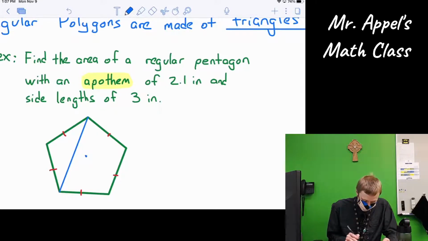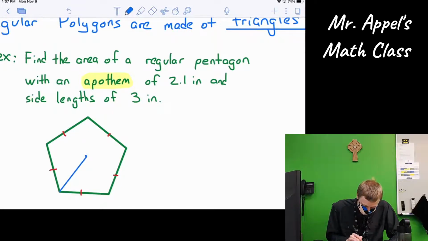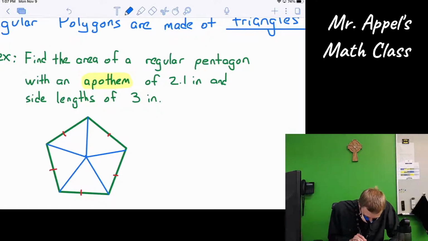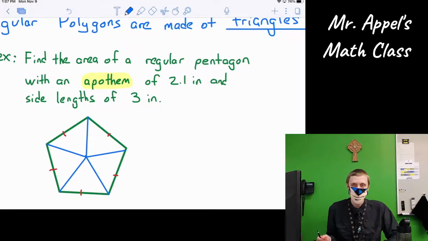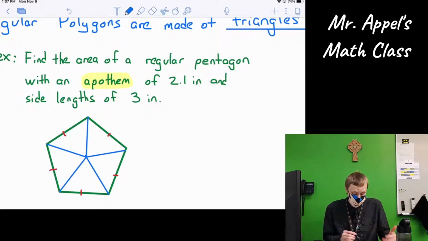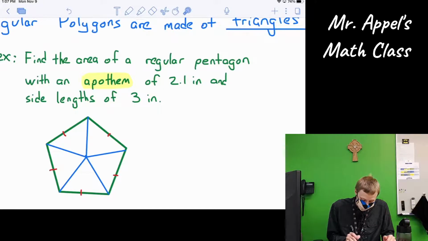Now, before we did this, we connected the diagonals. But this time, I want to break it into all identical triangles. So I'm going to draw from the center out to each vertex. And we're going to slice this guy up like a pie. Look at that, delicious, right? And now we can see, since all these sides are the same, all of those triangles are going to be congruent to each other.